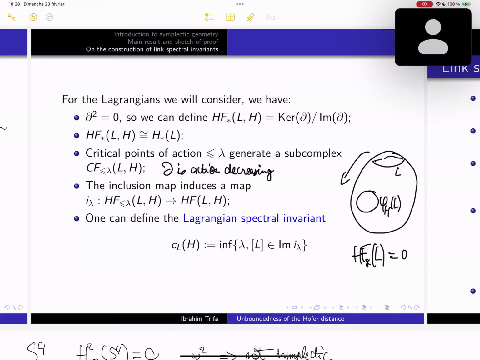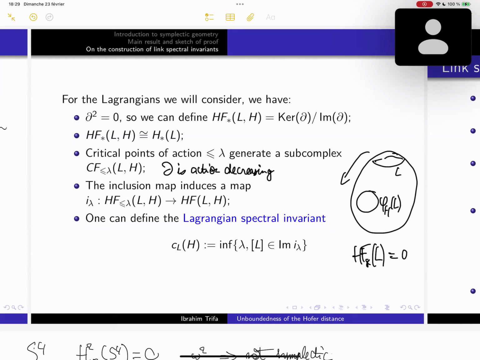And then the inclusion map I lambda from CF less than lambda to CF will induce a map in homology from HF less than lambda to HF. And from this filtration, we can define the Lagrangian spectral invariant c_L of H, which will be the infimum of lambda such that the fundamental class of L will lie inside the image of I lambda.